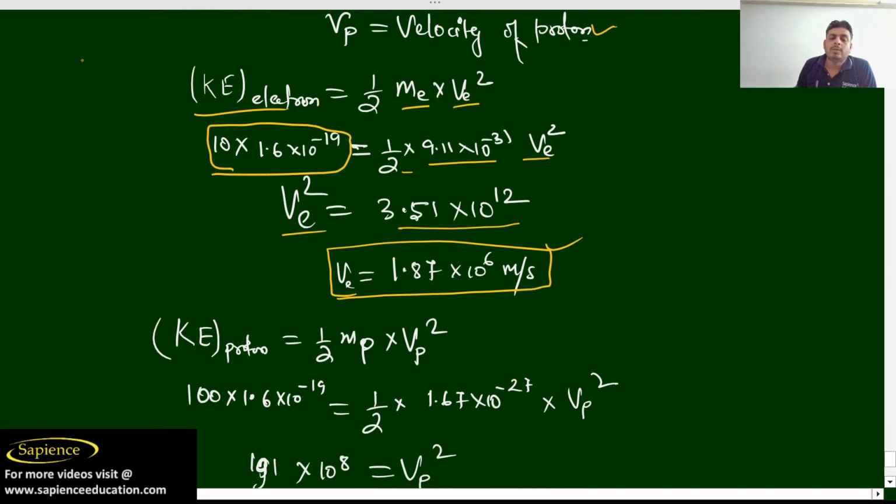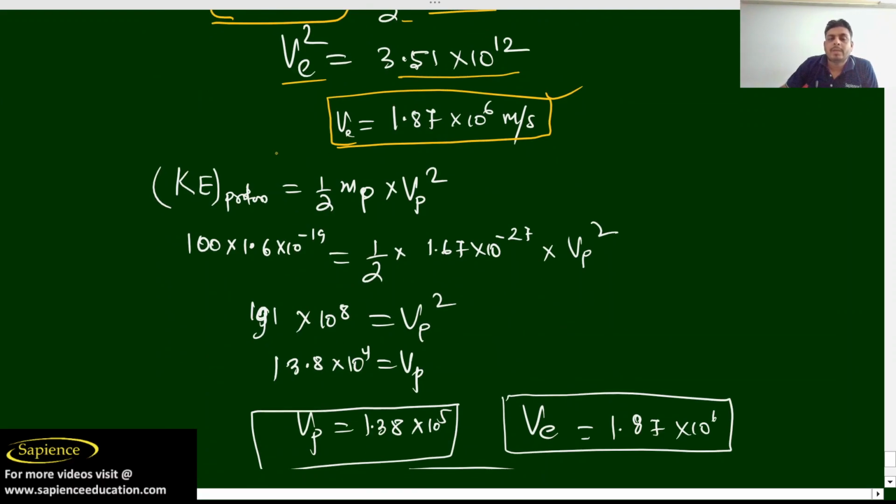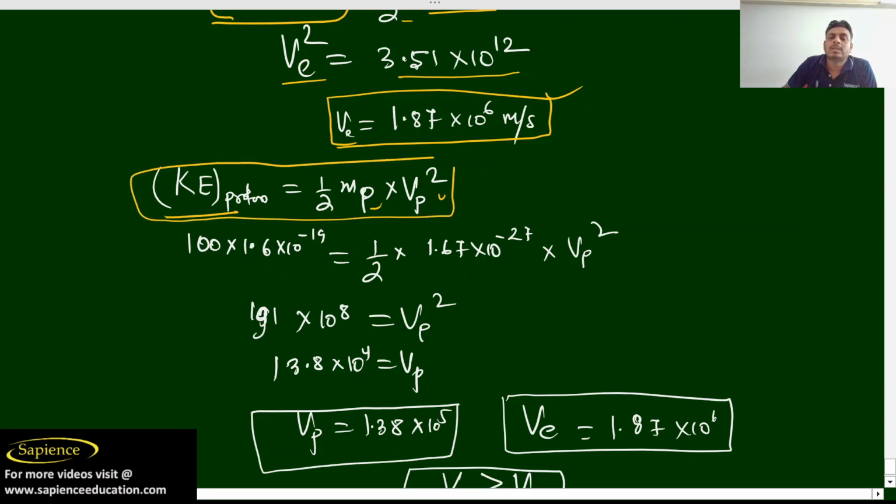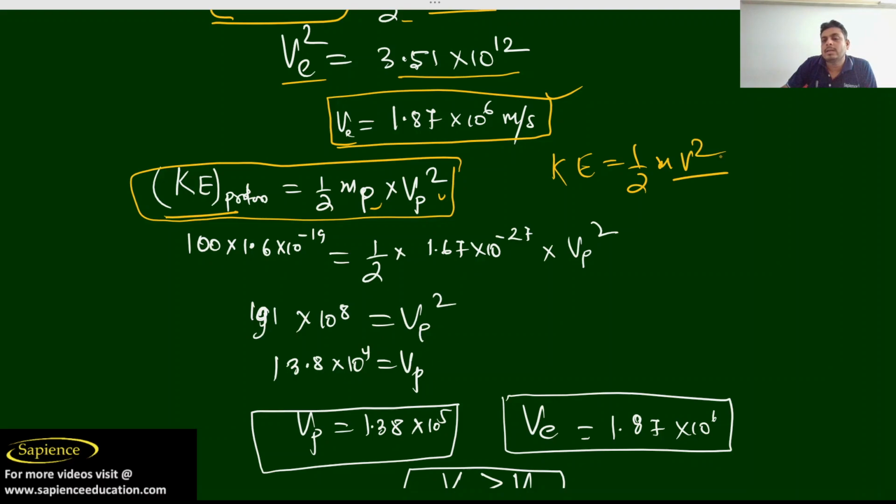Now similarly we need to do the same. Can we write the kinetic energy of proton as half into mass of proton into velocity of the proton whole square? Because as we know, the general formula is kinetic energy is equal to half into mass into velocity square. The kinetic energy of the proton is 100 kilo electron volt, but we need to convert it into joules.